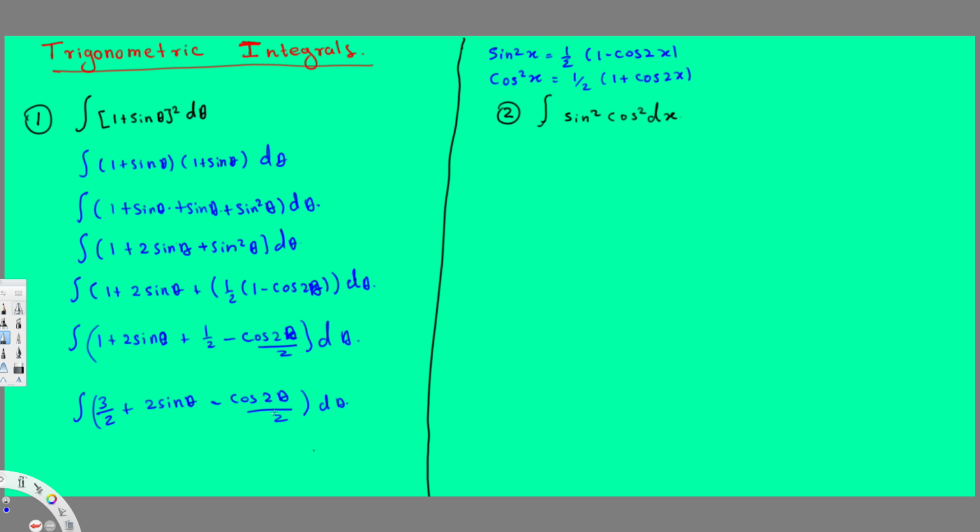Now I can integrate this. The integral is going to give me 3 divided by 2, actually 3 over 2 times theta, right?